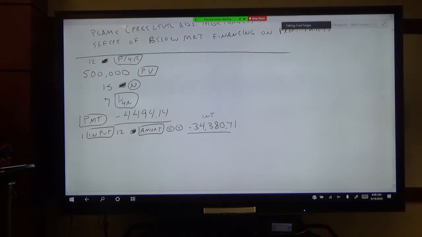Okay, for year two, it's going to be 13, input 24. So it goes down just a little bit because you paid down some of the loan, but it goes down to $32,967.51.